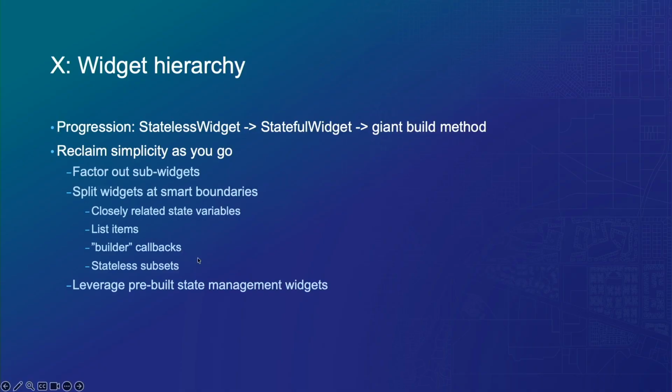Because stateless widgets are uncomplicated and easy to reason about. Breaking down your widgets this way will help you keep your UI manageable. And then my third tip on reclaiming simplicity is to make use of Flutter's pre-built widgets that manage state changes for you. Flutter provides widgets such as FutureBuilder, StreamBuilder, and ValueListenableBuilder.